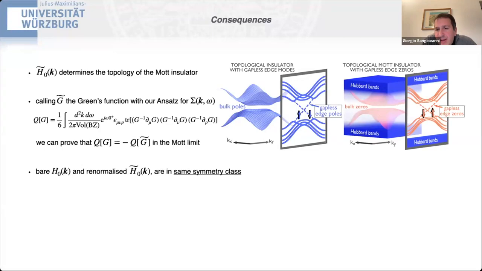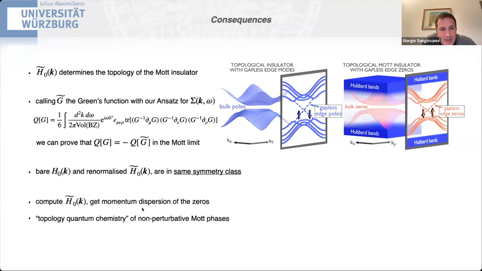So the bulk boundary correspondence extends also to the zeros and to this H0 tilde that we have to calculate, but in principle is possible with some numerical techniques. In some sense, we have access to a so-called topological quantum chemistry, but of Mott phases.